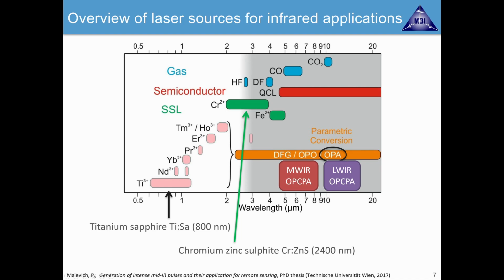But what I would like to talk about today is this chromium zinc sulfide laser you see here. In terms of spectral width, it has quite familiar properties to the titanium sapphire laser. And that's why you also say that the chromium zinc sulfide laser is the Ti:sapphire of the mid-infrared.